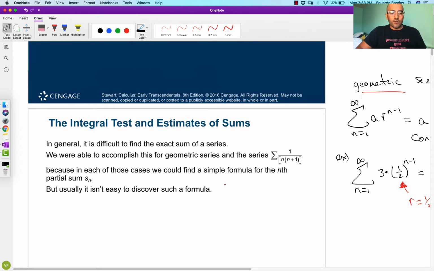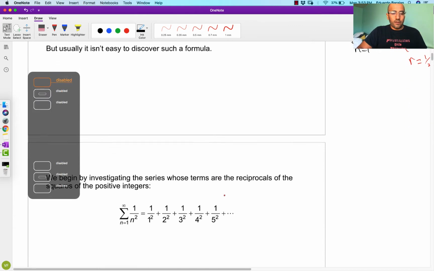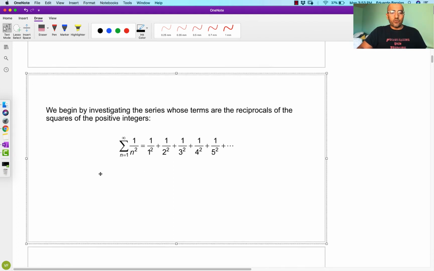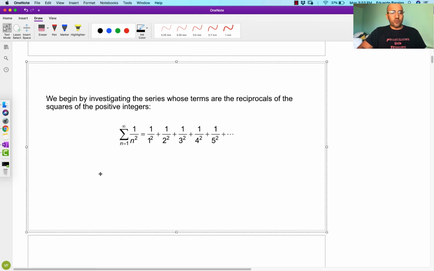Okay, moving on. Let's consider this case right here. Let's say we begin by investigating a series whose terms are reciprocals of the squares of positive integers. So we have 1 over 1 squared, 1 over 2 squared, 1 over 3 squared, 1 over 4 squared, and so on and so forth, dot, dot, dot, on forever.